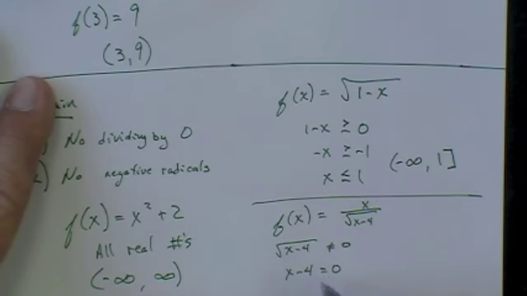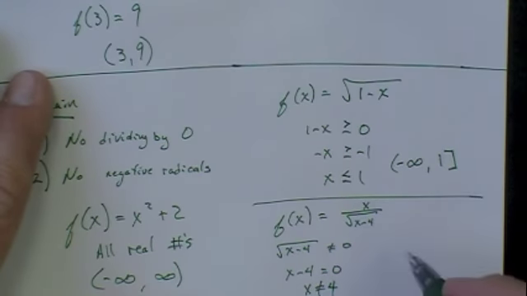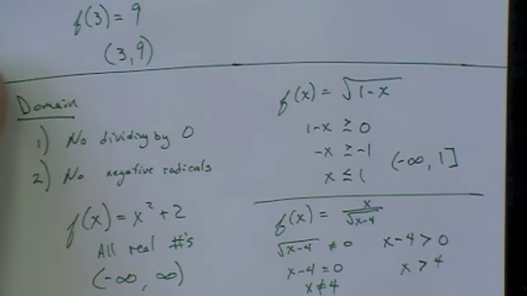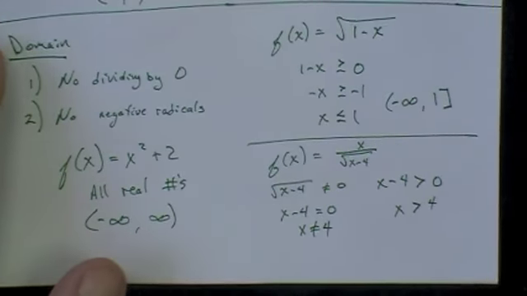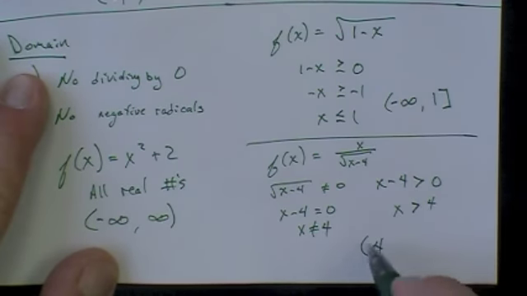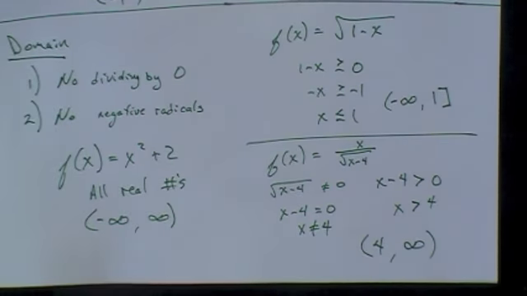So if we just solve x minus 4 equals 0, add 4 to both sides, so we're going to say x cannot equal 4. The other thing we would want to see is because of the radical x minus 4, since we can't have a negative, we're going to say that it's going to have to be greater than 0. Again, add 4, so x is greater than 4. So again, when we're writing this, we would use parentheses because the 4 is not included, and we're going all the way to infinity. So x is greater than 4.